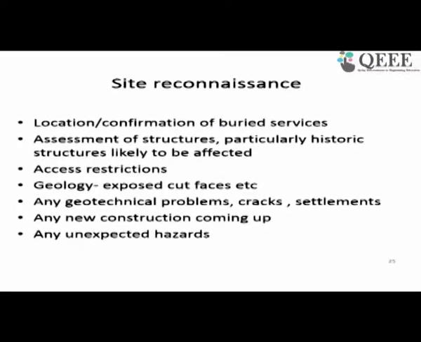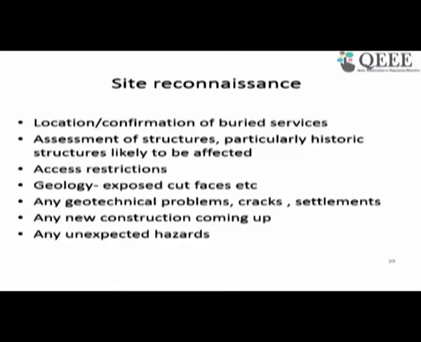Now what do you do in a reconnaissance survey? First in this we see the location and confirm the various surfaces. We try to locate that. Assessment of structures, particularly historic, if there will be some access restriction. As you know, these days there is very much congestion during the construction, so there will be some kind of restrictions which have to be investigated.